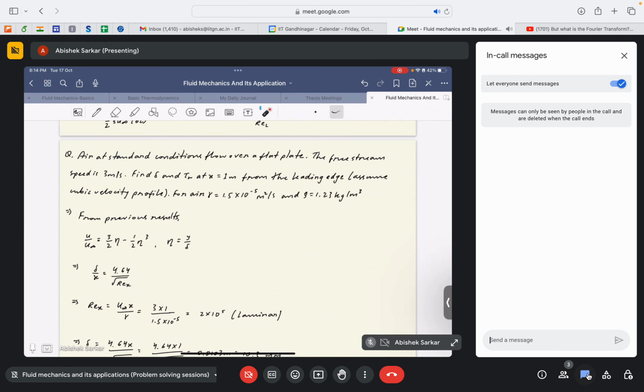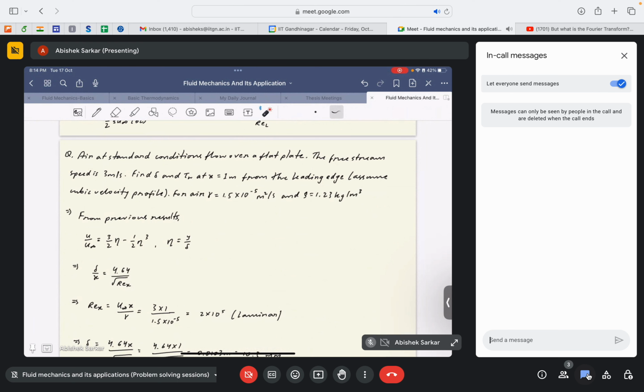So the geometry is given. The free stream speed is 3 meters per second. Find delta, this is basically the boundary layer thickness, and the shear stress at x equal to 1 meter from the leading edge. See, that's what I was mentioning.